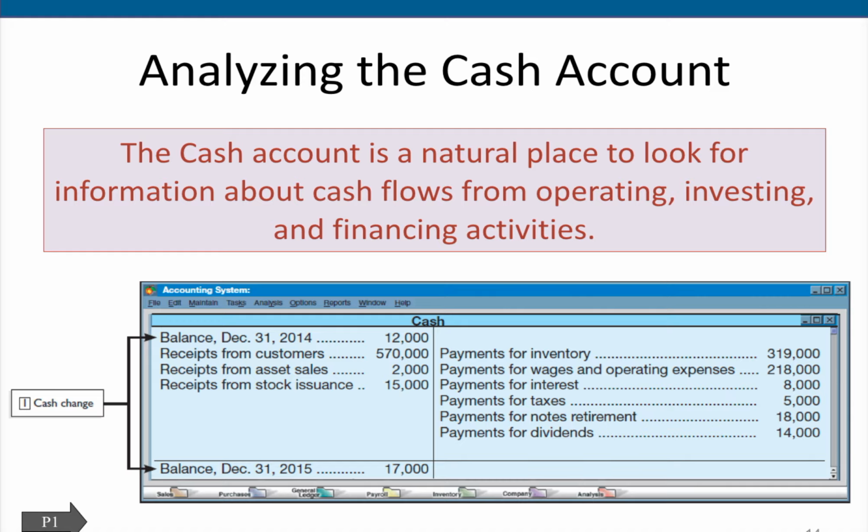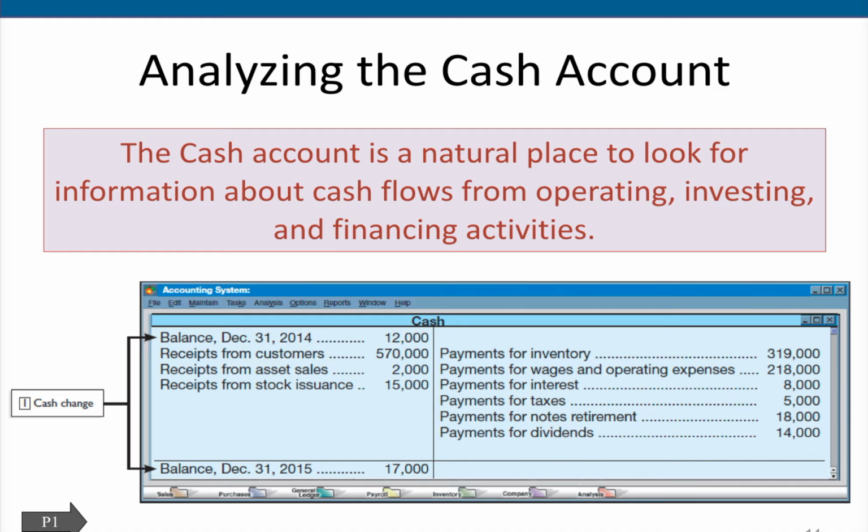This is basically just a slide letting you know that obviously, and again, I'm not going to ask you to do this, so I'm not going to spend a lot of time on it, but if you're asked to prepare a statement of cash flows, you need to be able to know where to go to find the information. Obviously, if we're talking about the goings-on of the cash account, the place where we're going to find most of the information related to that is, of course, in the cash account.